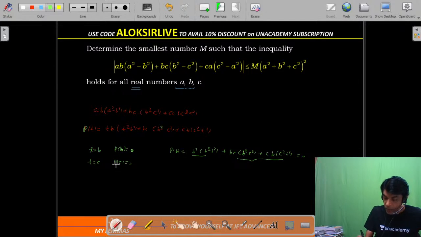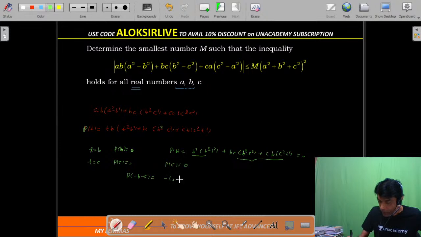Similarly, the value of p at c also is 0. That of course is no-brainer, you can check. The interesting part is the value of p at negative b, negative c. You will find this also is 0. We can check this by putting in the values.